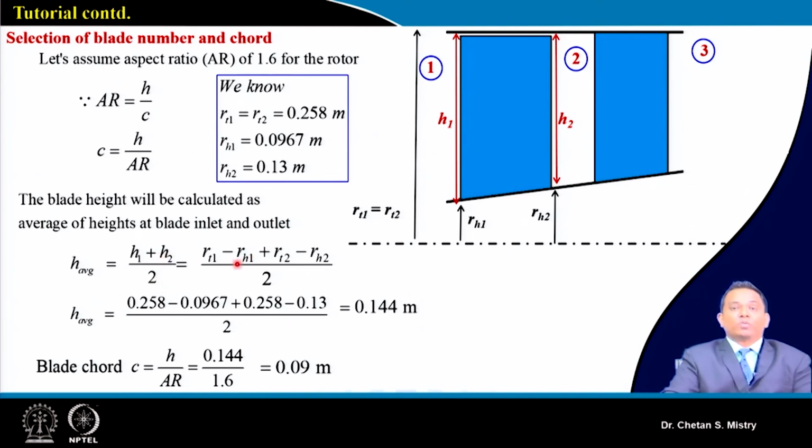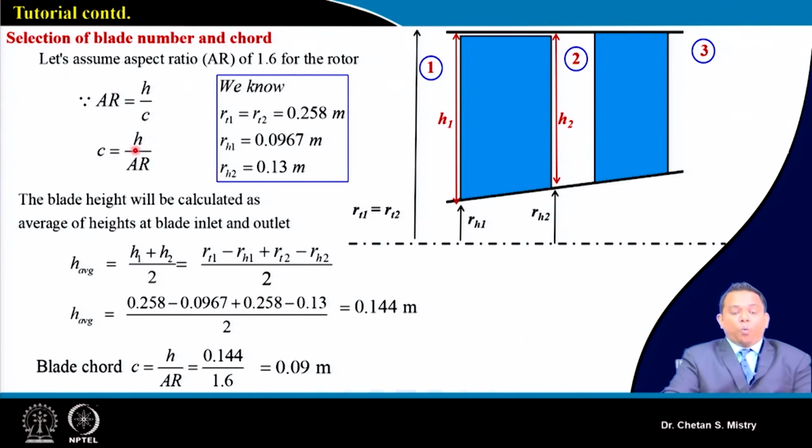This h1 and h2 we can write in terms of the difference of radii. So rt1 minus rh1 will give me h1, and similarly rt2 minus rh2 will give me my height h2. If that's your case, you can calculate your average height, and that is coming 0.144 meter.